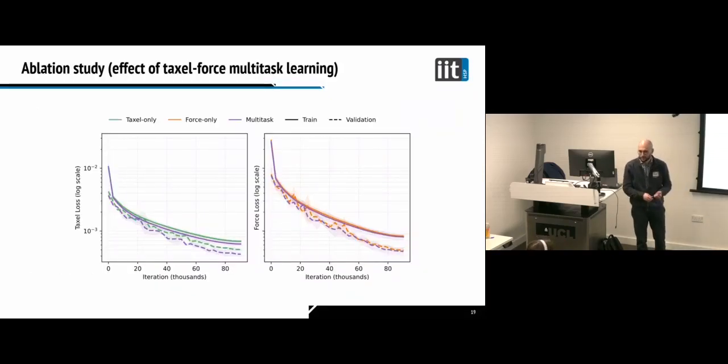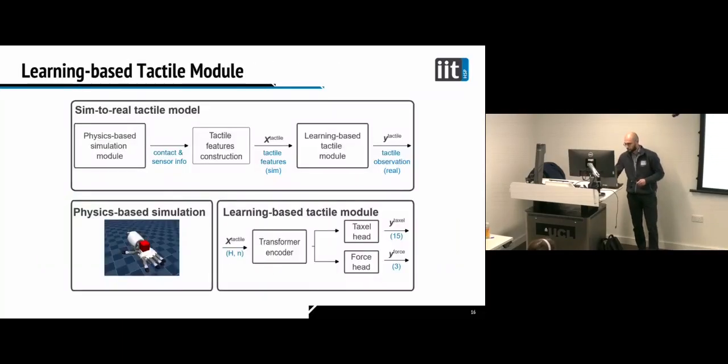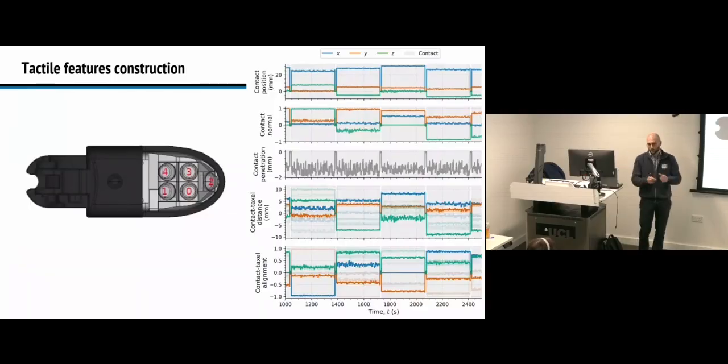What was the reasoning for choosing the transformer model architecture, just the encoder part specifically? I didn't say it, but from the tactile features, as input we actually take a window of past observations.